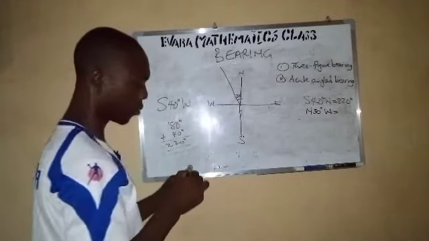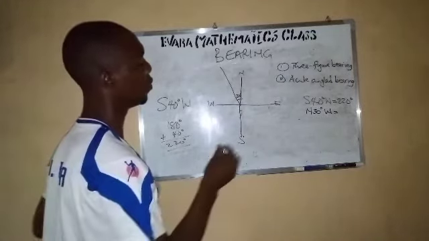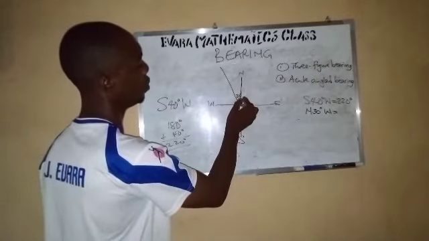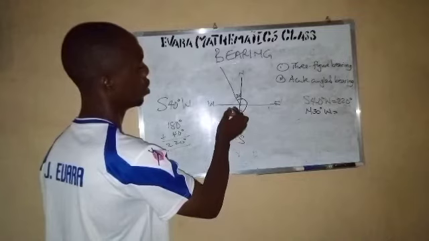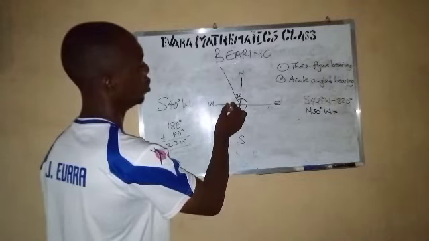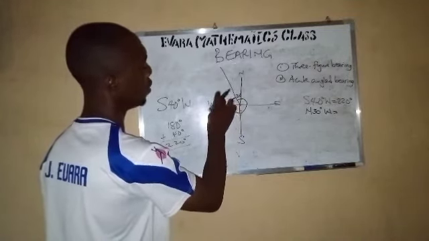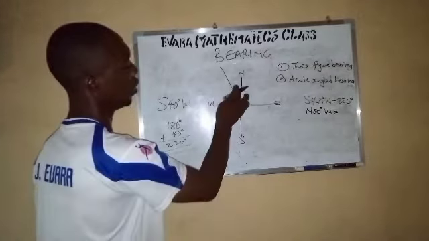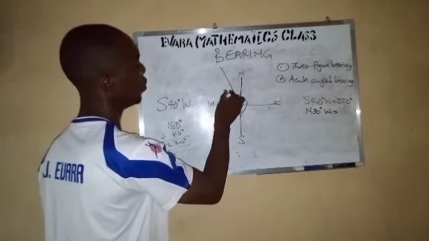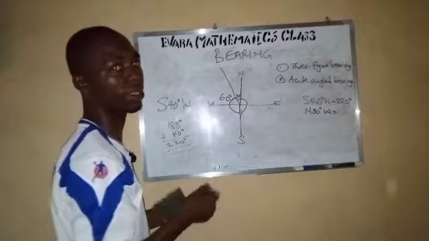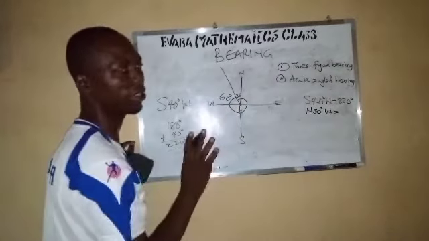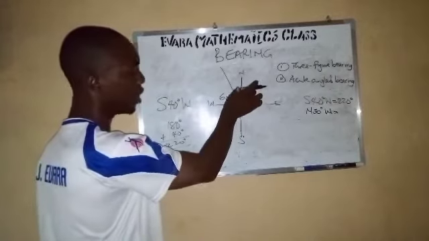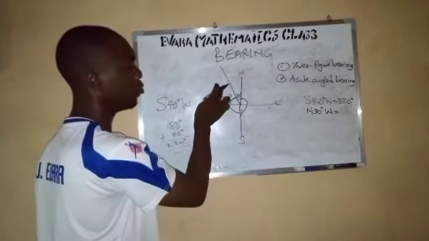So how do we now convert to a three-figure bearing? You count from 90. This is 90, 180, 270, then 270 plus whatever is left here. This is 30 degrees. This place will be 60 degrees since everything altogether is 90. Within this north and west, we have 90 degrees. So since we already have 30 out of that 90, we are left with 60.